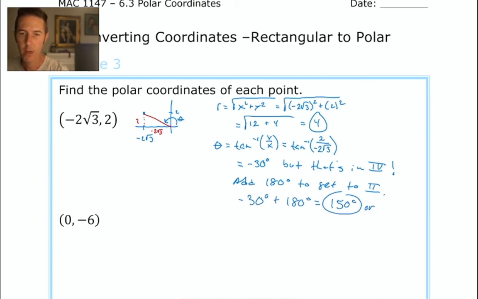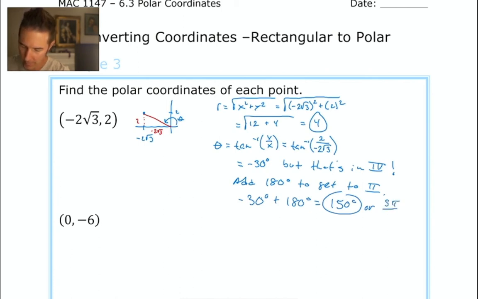Or if you can tell that 150 is 30 degrees short of 180. So in the second quadrant there, what we're really working with is a reference angle of pi over 6, which means that your theta value is actually 5 pi over 6. You're welcome to, if your mind works that way, just make the conversion in your head by referencing the diagram.